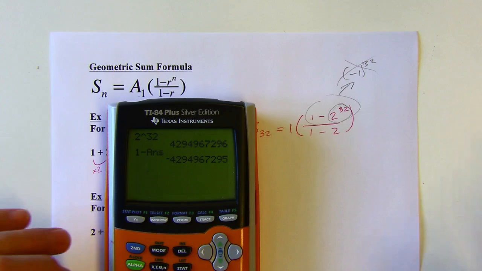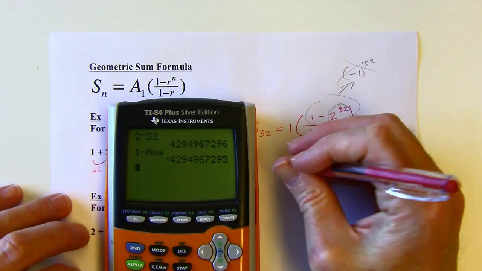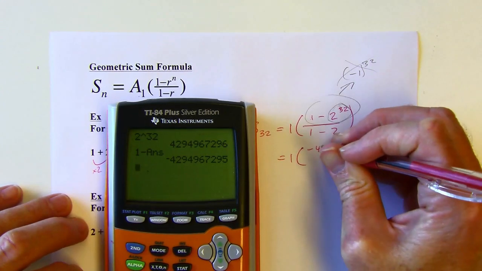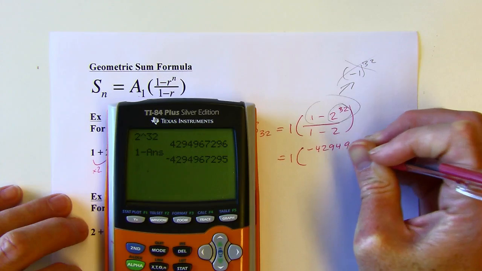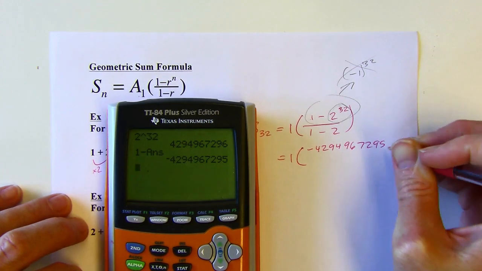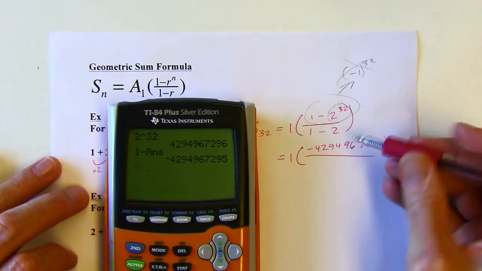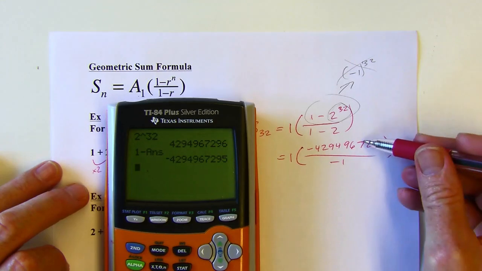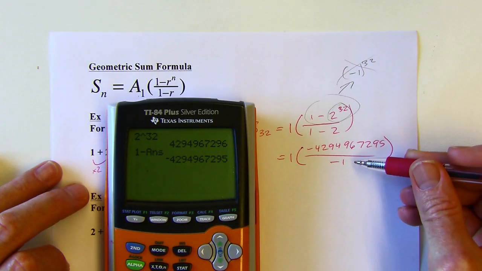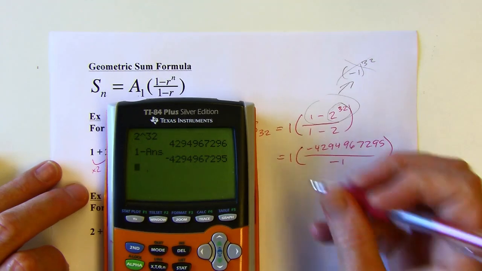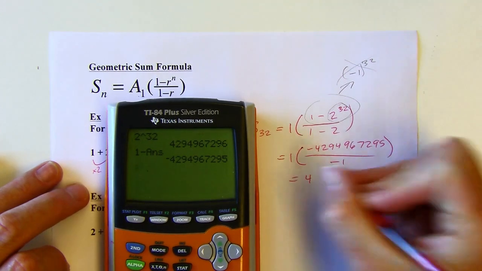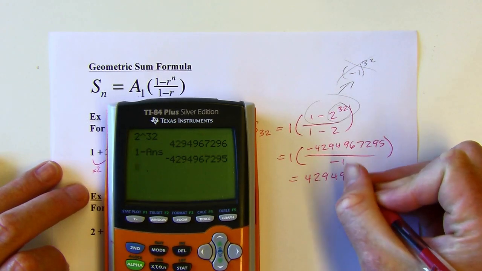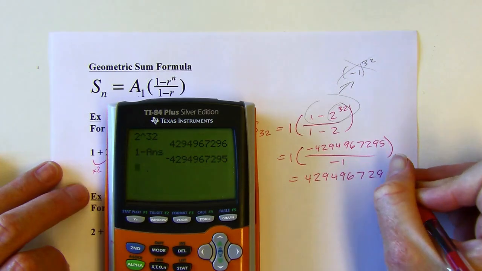Okay, so I would usually do most of this in my calculator, but since it's the first one, so my numerator is going to be, let's see, 5, all of that, okay? And the denominator, lucky for me, I don't need a calculator there, it's just negative 1, okay? So hey, that negative divided by a negative is positive, and then I'm multiplying by 1, so this is going to come out to 429,496,7295.